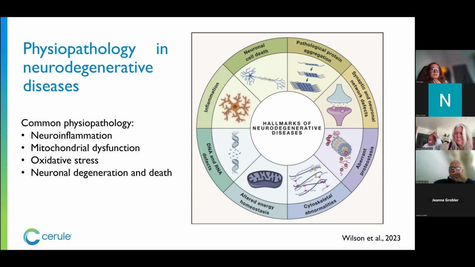For Alzheimer's disease, we have beta-amyloid and tau proteins, but it's a common physiopathology. All this physiopathology will lead to neurodegeneration, and more for Parkinson's disease, dopamine neurons that are disrupted.